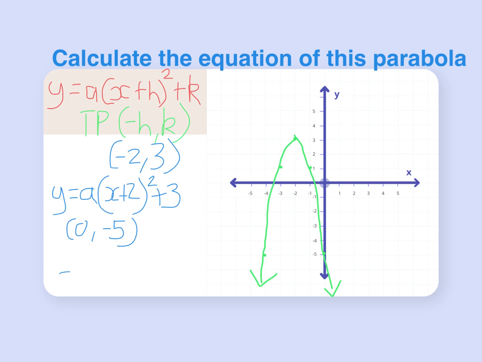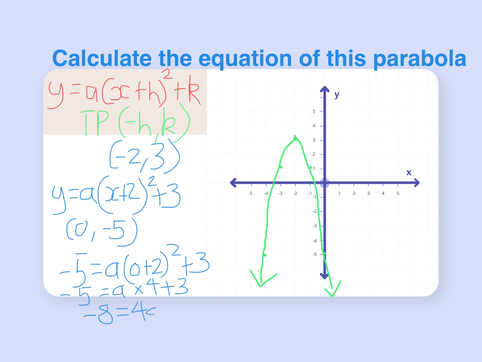That gives us negative 5 equals a(0 plus 2) squared plus 3. So we get negative 5 equals a, 0 plus 2 is 2, 2 squared is 4, and then plus 3. Now you know how to solve these equations. We're going to subtract 3 from both sides, and then we divide each side by 4. So I get a equals negative 2.